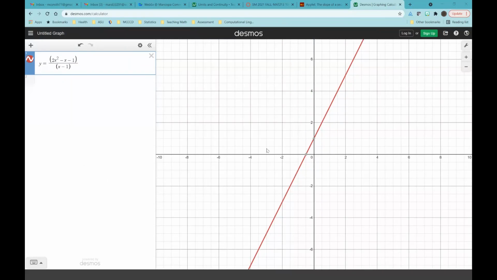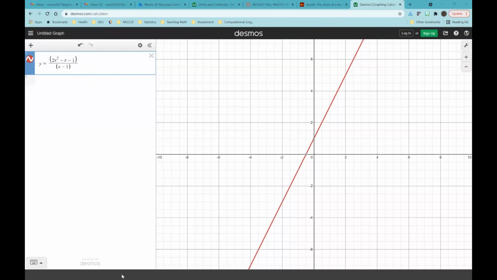Rational functions are the weird ones that tend to have asymptotes and holes. Now you might remember, what determines whether you've got holes or asymptotes? Well, asymptotes are really visible on a graph, but when you have holes, some weird things happen.